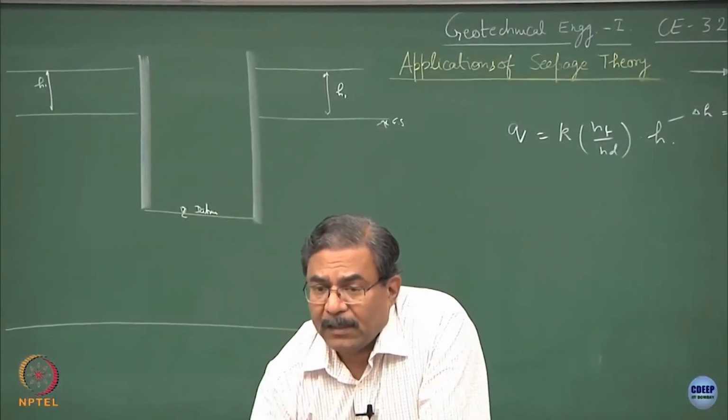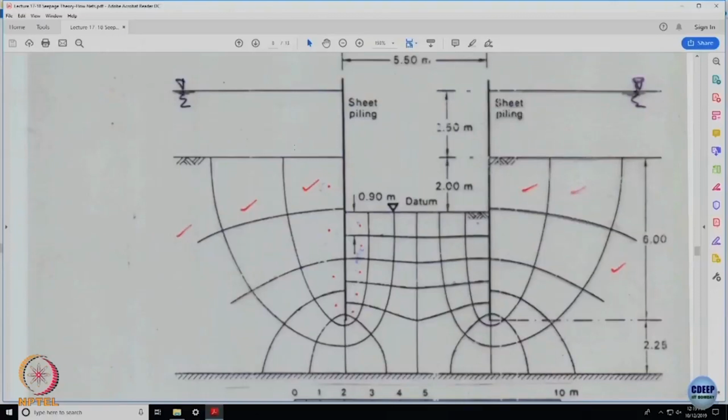In other words, if this is 100% potential and this is 0% potential, what will be the value of H at each of these equipotential lines? If this is 100, this will be 90, this will be 80, 70, 60, 50, 40, 30, 20, 10, 0.